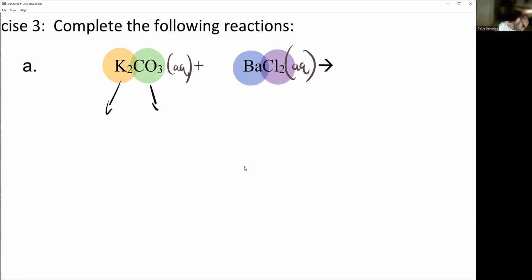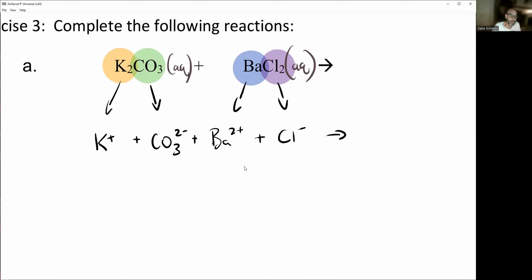So what ions do I have from these two things? Potassium and carbonate make up potassium carbonate. Barium and chloride make up the second compound.